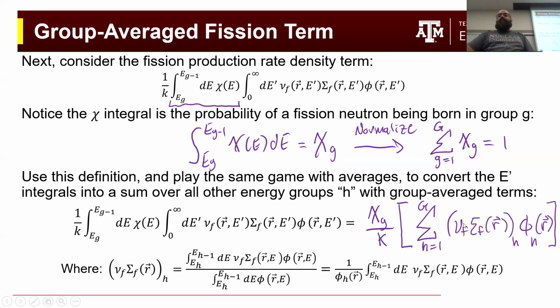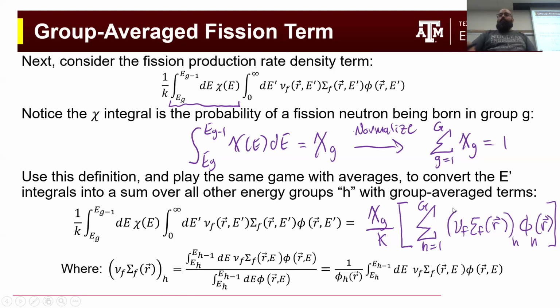So usually those two things are together, and I'm just lumping them together as one term. What this effectively represents is the average value of the little nu F sigma F with a subscript h. That's the average value of that nu F sigma F, averaged over the energy range for group h.